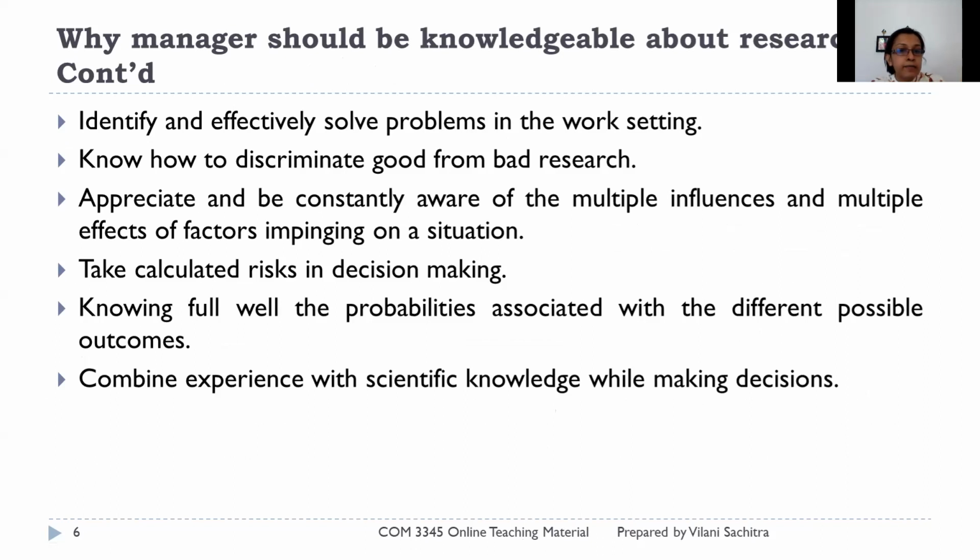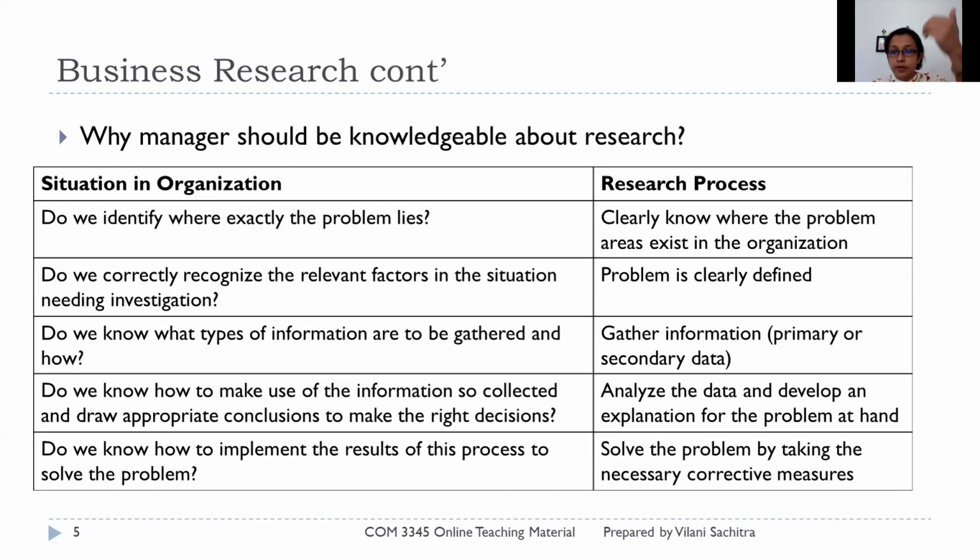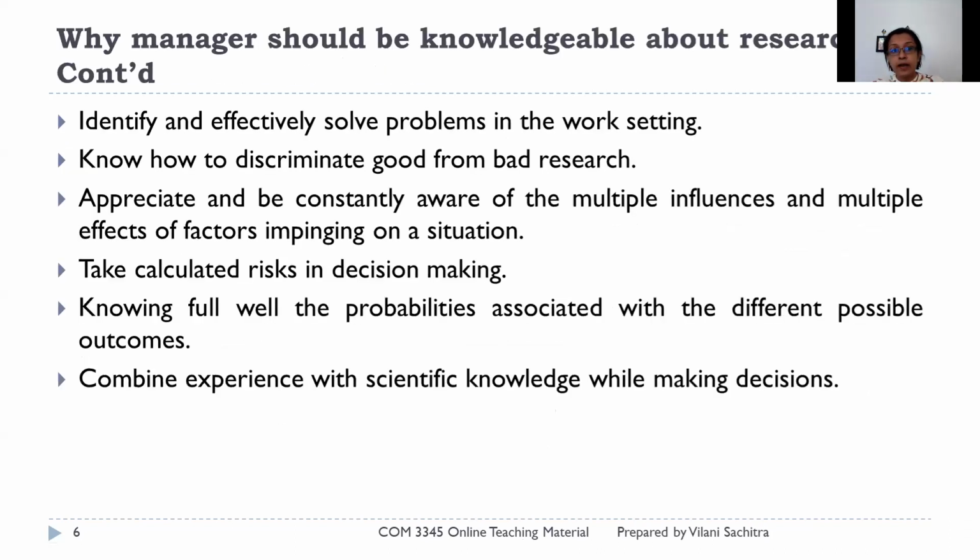We can identify and effectively solve problems in the work setting. Through this process, first we identify the problem clearly, then we identify the factors causing that problem, then we gather data, analyze it, and based on the result, implement the solution. So the first benefit of knowing research as a manager is to identify and effectively solve problems in the work setting.